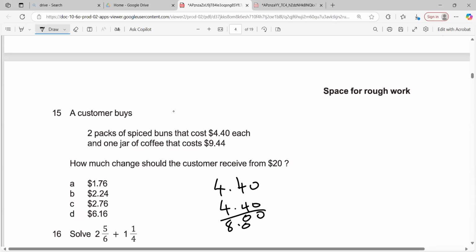And 1 jar of coffee costs $9.44, so you would add that to the $8.80, which would give you $18.24.